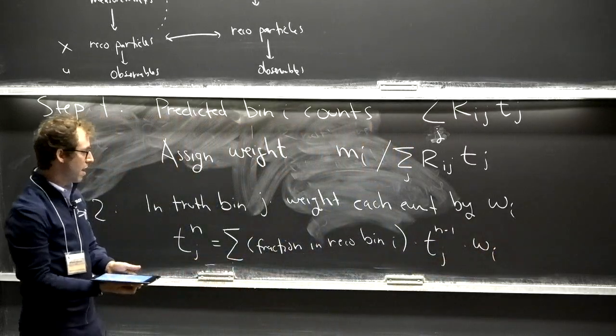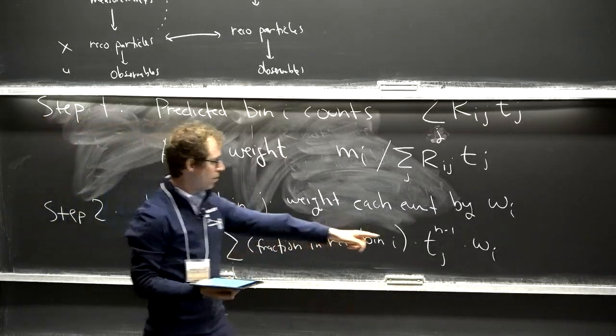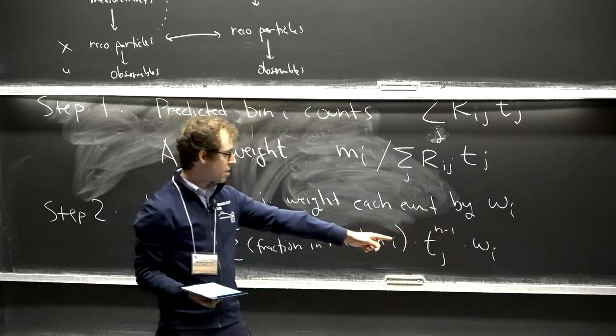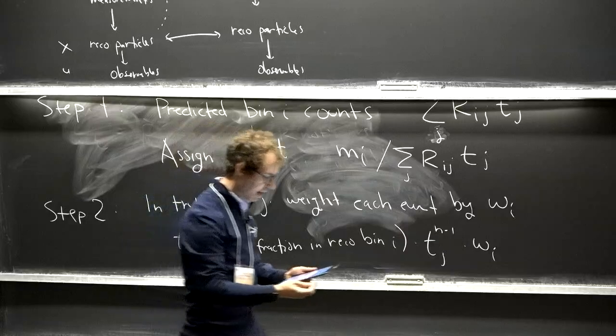So basically I take my truth, this is my current truth, and I ask how many ended up in a given Rico bin, and then I assign the weight of that Rico bin. Okay.